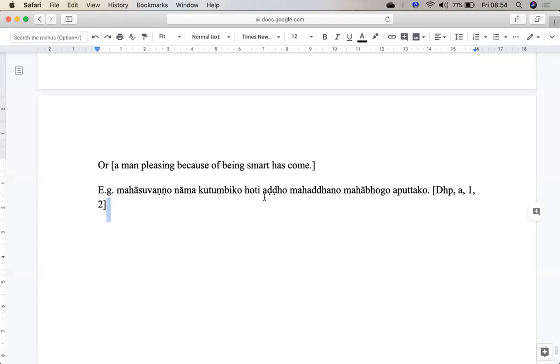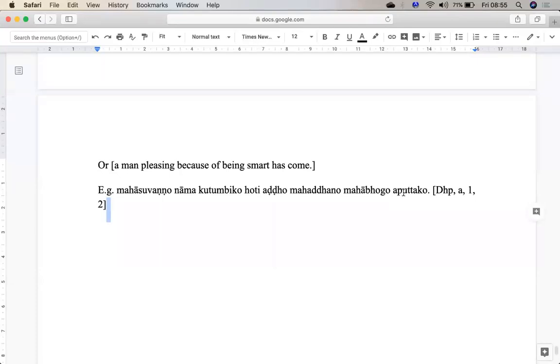So actually they are synonyms: ado, mahadano, mahabogo, abodako. But ado means rich, mahadano means of great property and also of great wealth, and mahabogo means of great properties, maybe something like furniture or something usable for luxury.